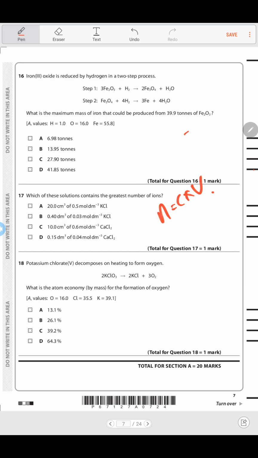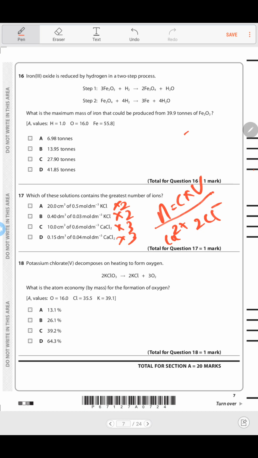Find the number of moles in each scenario and then multiply by the number of ions. KCl has 2, so apply n equals CV, get the number of moles, multiply by 2. Here also multiply by 2. Here multiply by 3 because calcium 2+ and 2 Cl-. And the next one also 3. When you multiply by each number and apply n equals CV, which one has the highest number of ions? What's the answer guys?